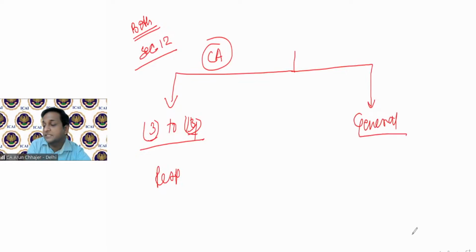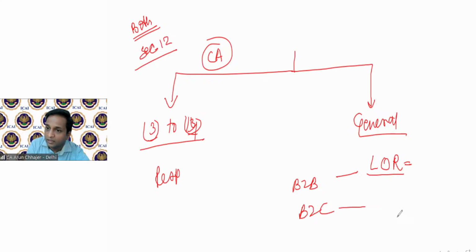And what is the general principle? It simply says location of recipient. If he is registered, in case of B2B, it is the location of recipient. In case the service is B2C, then if the address is available in the record of the supplier, again it is the location of recipient.